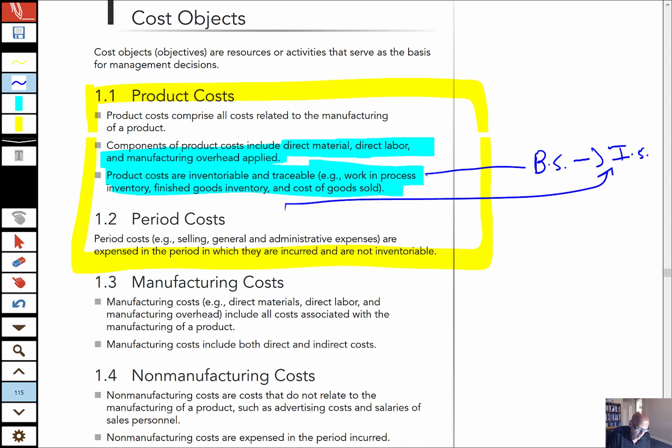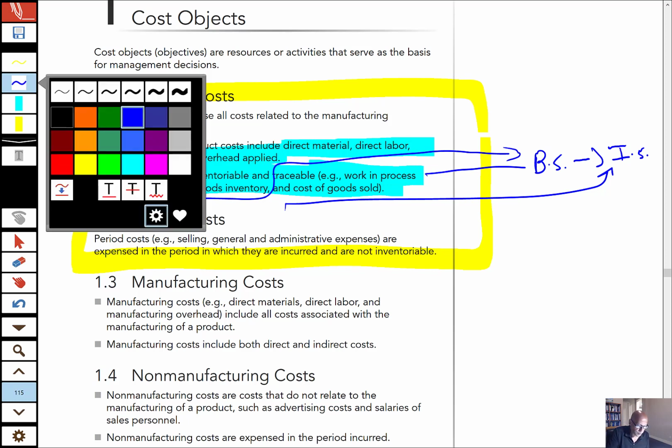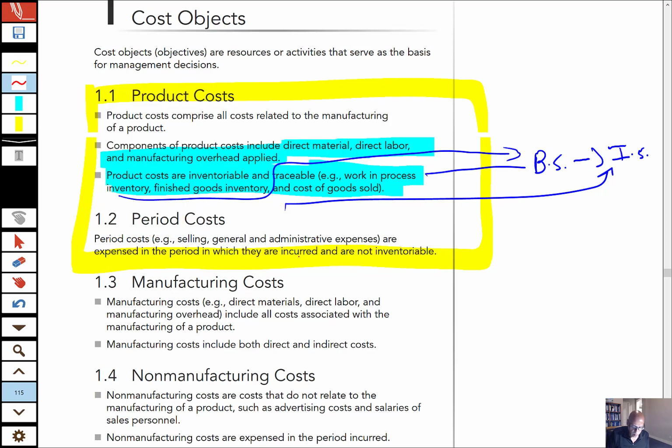So balance sheet for inventory, finished goods, and then over to our income statement in the form of cost of goods sold. Now, period costs, by contrast, are what? Period costs are costs that are not inventoriable, such as selling, general, and administrative expenses.